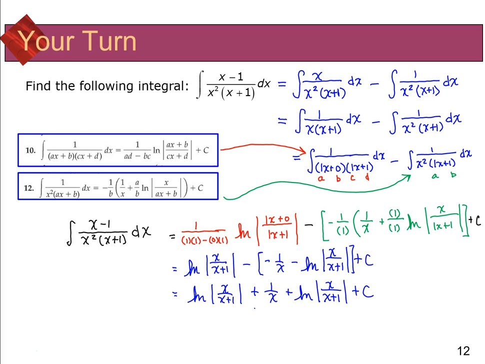I can see that I have this appearing twice. Those are the exact same terms, so I can add them together and combine them. And so I end up with 2 times the natural log of the absolute value of x over x plus 1, plus 1 over x, plus c. And that would be the final answer.